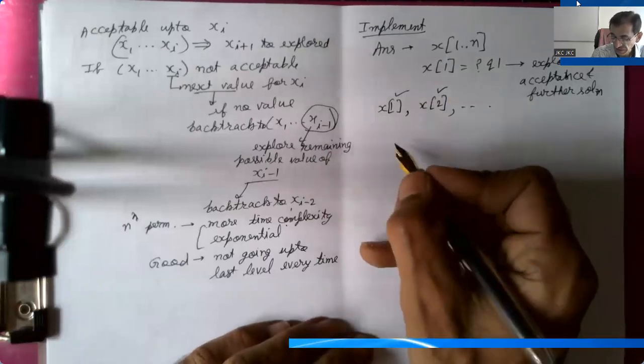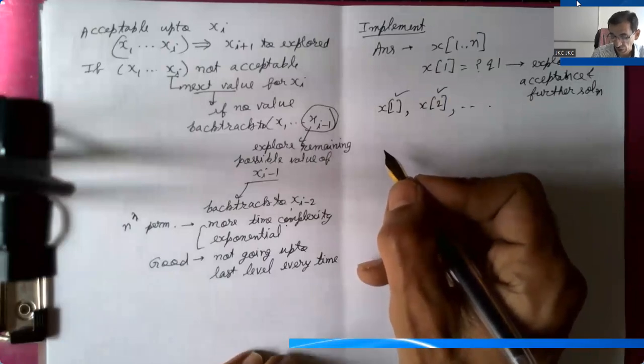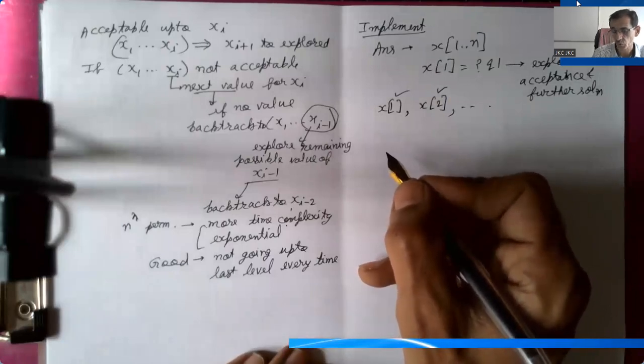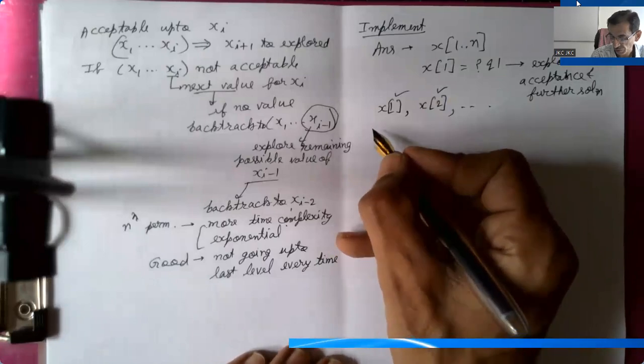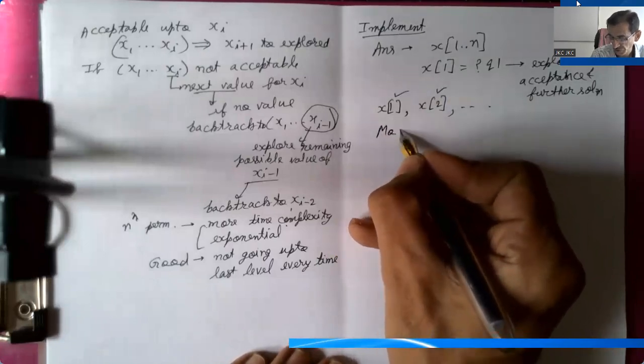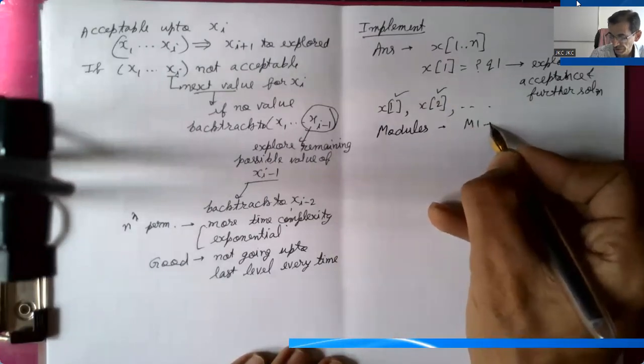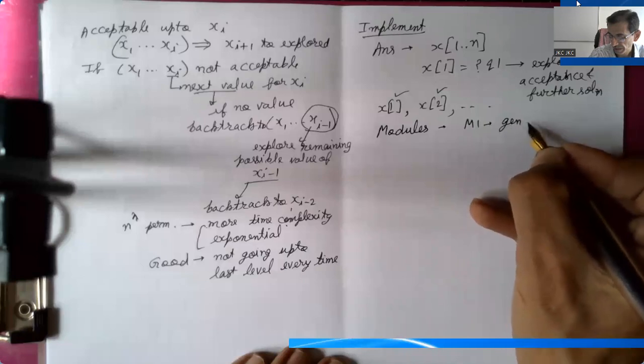In this case, in order to have backtracking working without any extra logic or coding, the beauty of the algorithm is that we will have mainly two modules. Module 1 will have the general backtracking logic.